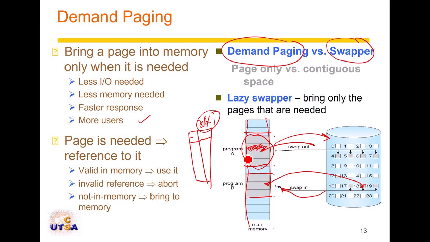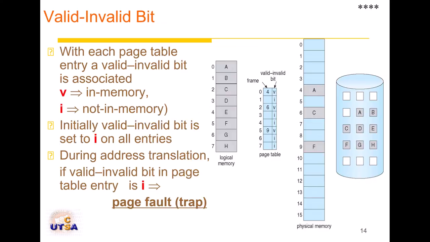If during the execution of the program, let's say this page is changed or that frame is updated, then definitely when you are swapping out, you need to write it back onto the disk. If nothing is changed on the frame, the copy on the disk is the same as this one, so there's no need to copy. So you can also do this type of little optimization with demand paging.